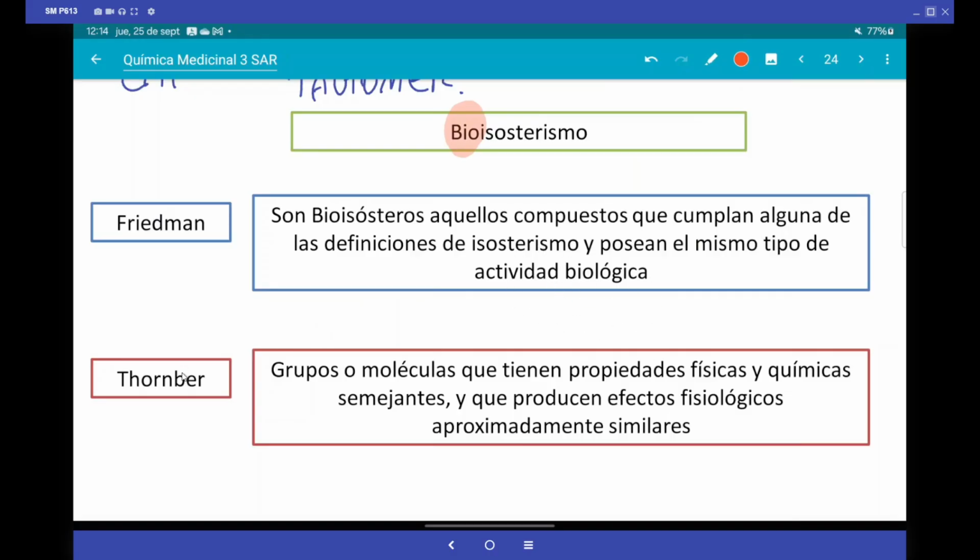Another definition says groups or molecules that have similar physical and chemical properties and that produce approximately similar physiological effects. That is, we look at the effect, although not necessarily the same.